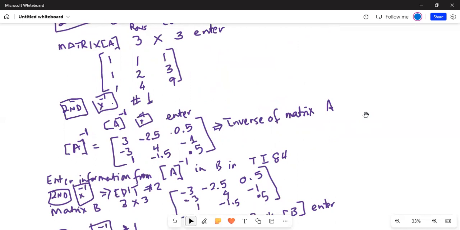Okay. And then I'm required to find the inverse of this 3 by 3 matrix.